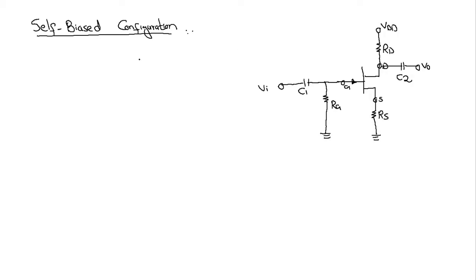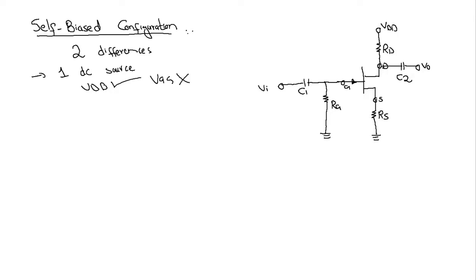If you have a look, there are two differences between fixed bias and self-bias configuration. One difference is that in self-bias we have only one DC source, that is VDD. There is no DC source VGG.